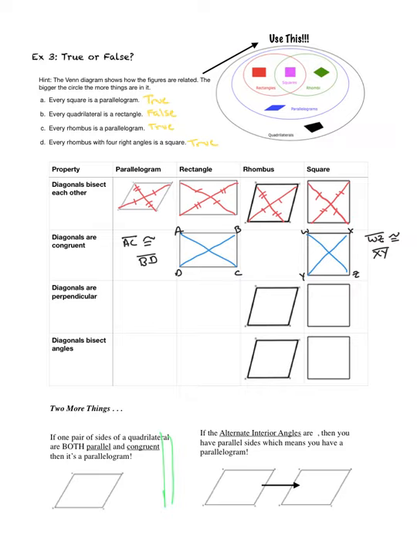But also, remember, their diagonals bisect each other, don't they? So that means, I'm going to work with the big rectangle first. Let's call this P. That's the center point, P. That means AP is congruent to CP, and BP is congruent to DP.